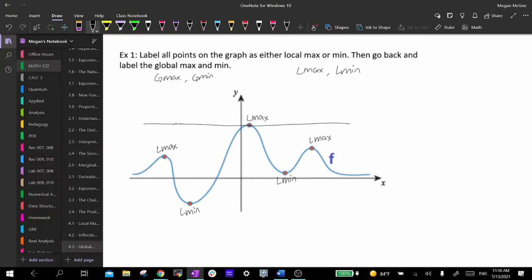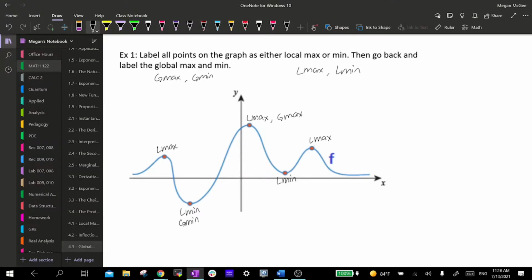As far as we can tell on this part of the graph. So this is our global max. Similarly, down here, if we draw a line through this local min, our function doesn't get anywhere close to that ever again. So this is our global min.